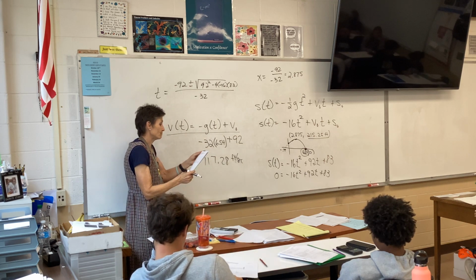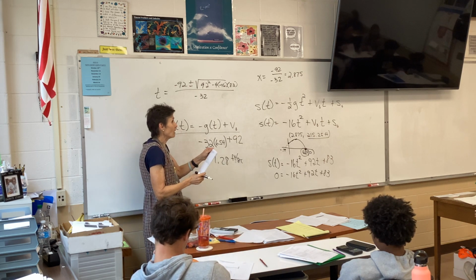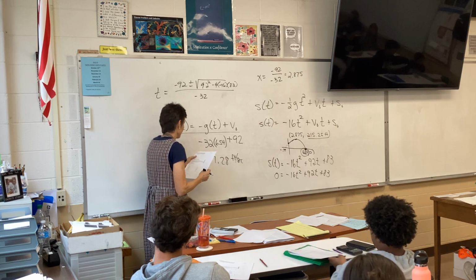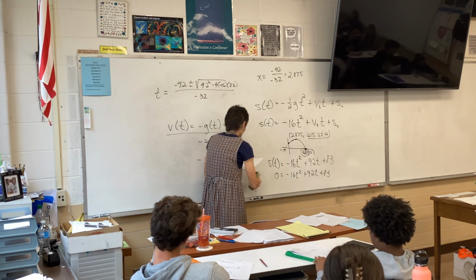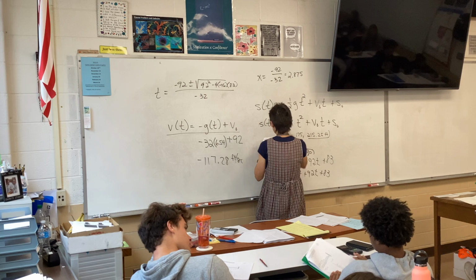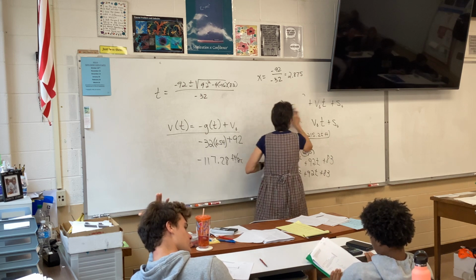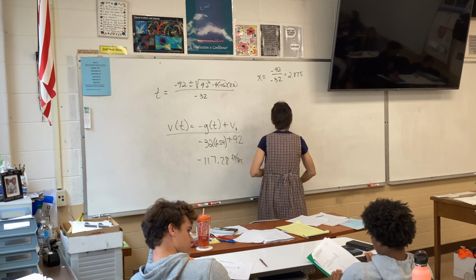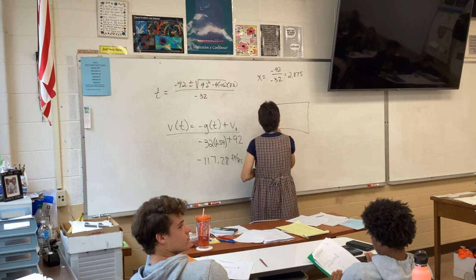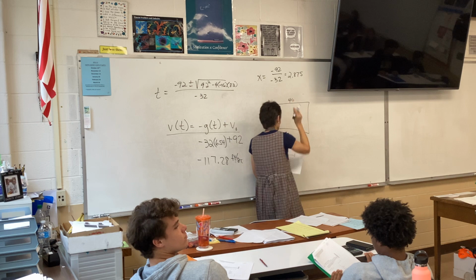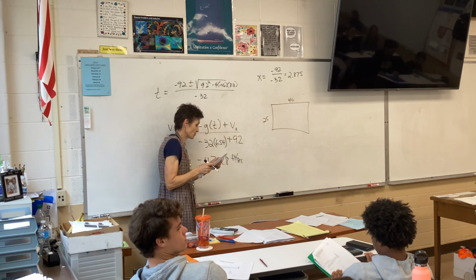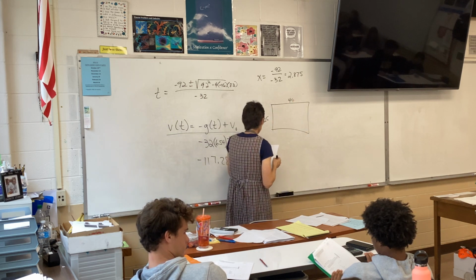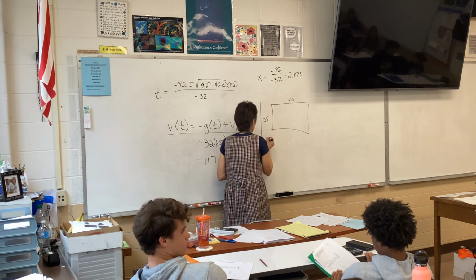All right, one more. Using algebra in landscape design. All right, here we go. Julie's got a patio that's 25 by 40. The patio is surrounded by a terraced strip of uniform width.